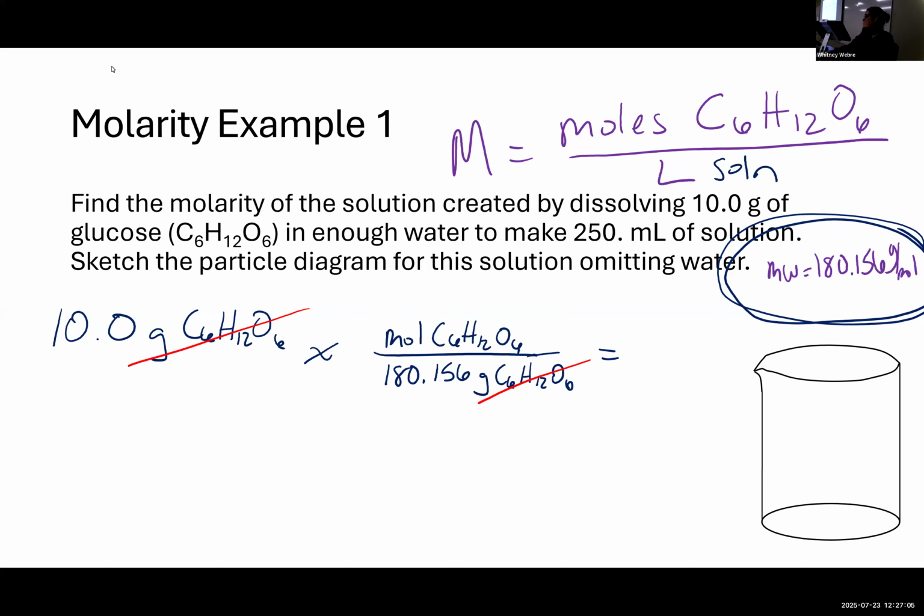So type this in your calculator, just take 10. You can either multiply it by 1 and then divide it by 180, or you can just do 10 divided by 180.156. So I got 0.0555 moles of the solute, C6H12O6.